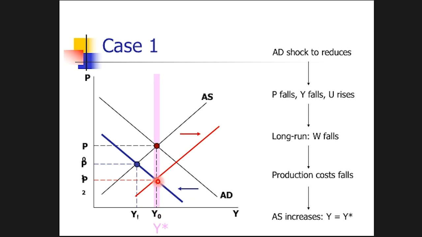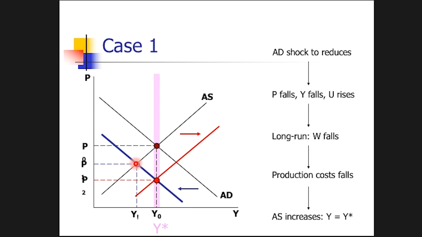So now we can see that if we have an AD shock and there's no government intervention, no policy, in the short run, we have the lower price and output reduced. The economy falls into recession.